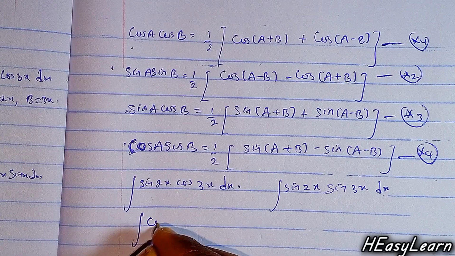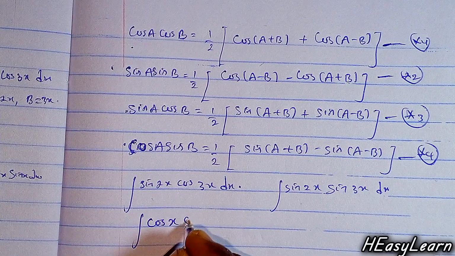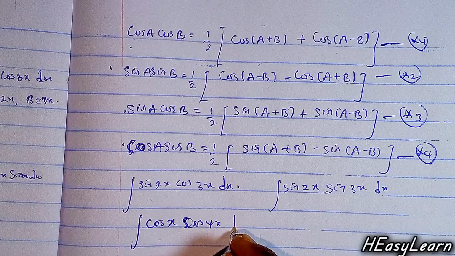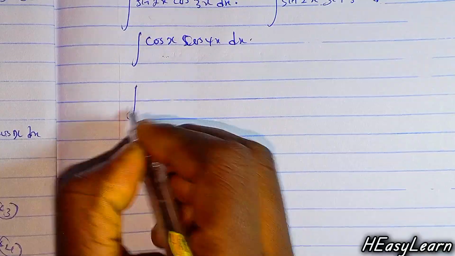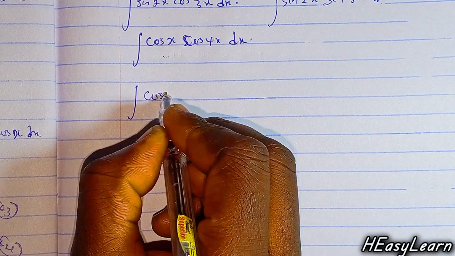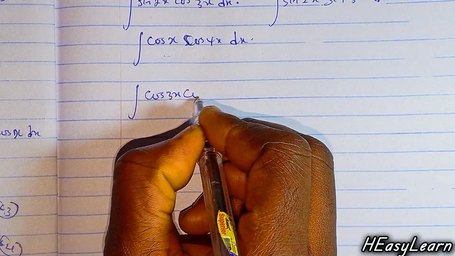If you are asked to integrate cos x cos 4x dx, you are going to change this using equation 1 before integrating.